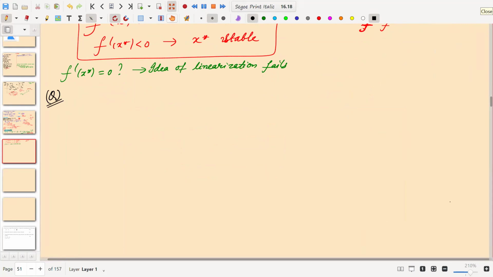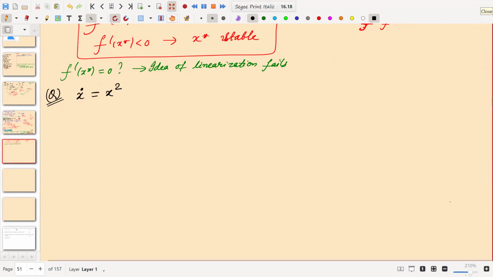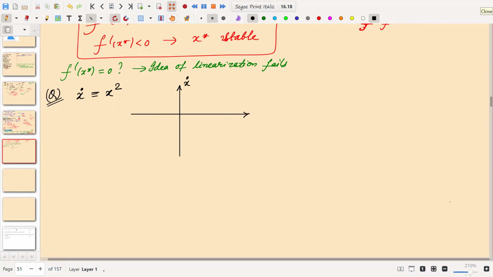Can we work with 1D flows now? Simple 1D flows. Can I start with x dot equals x square? Is it a 1D flow? It's a 1D flow. dx by dt is varying as x square, right? Now the question is how it will look if I draw x dot versus x.